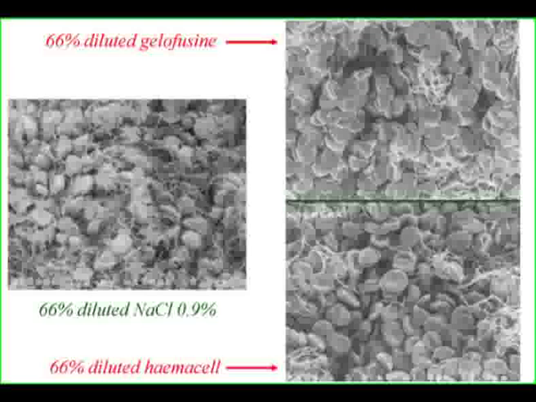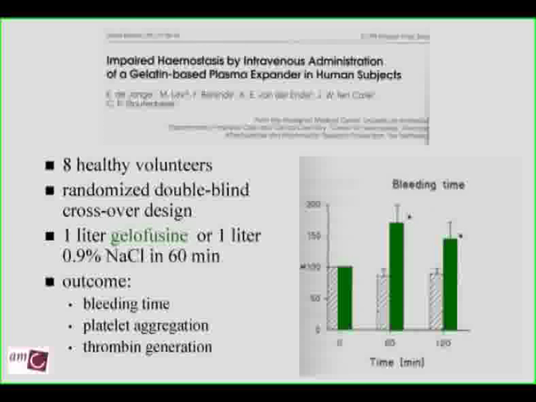clot formation. Why is this occurring? Well, if you do a simple experiment, and this is what we did a couple of years ago in healthy volunteers, so healthy young people with a normal coagulation system, and you give them 1 liter of gelatin-based plasma expander or 1 liter of saline, and you look at bleeding time and platelet aggregation and thrombin generation tests, you'll see a major difference between those two.